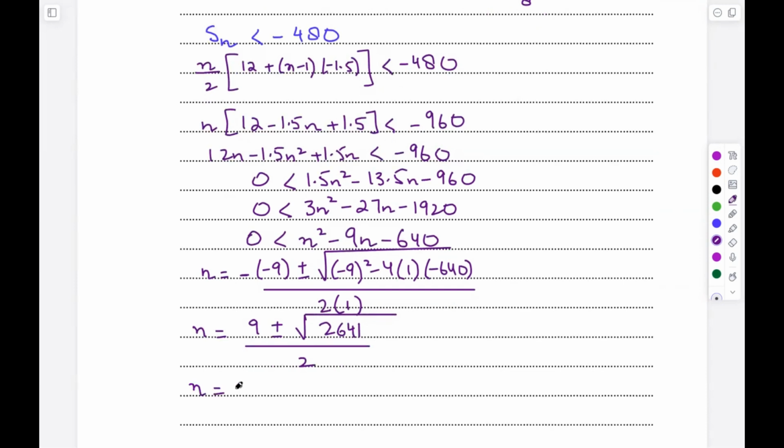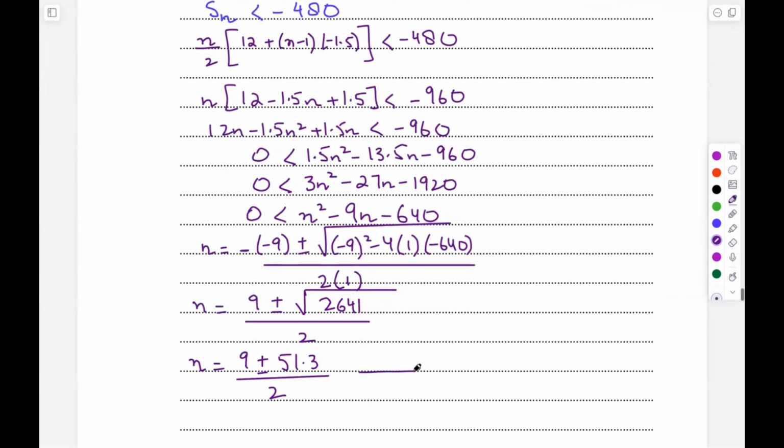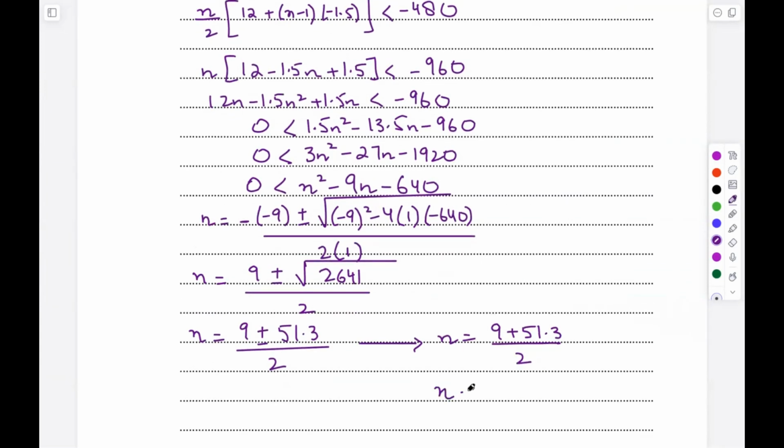So this will become 9 plus minus the square root of 2641, which is 51.3, divided by 2. And as n has to be a positive number, the only value of n will be 9 plus 51.3 divided by 2. So 51.3 plus 9 divided by 2 is equal to 30.19.